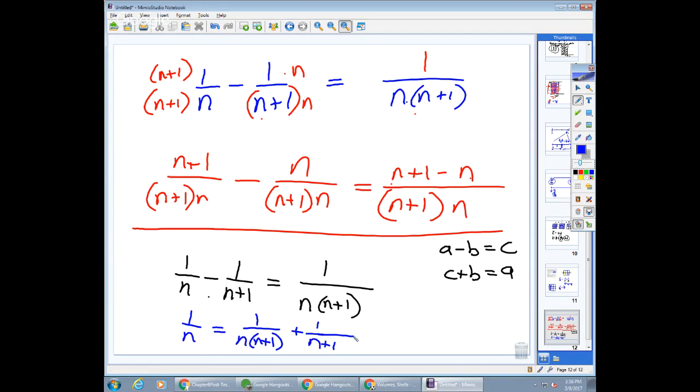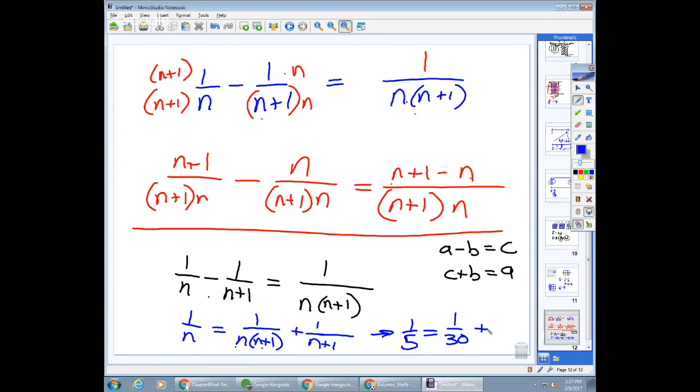So for example, if n was something like 5, then this would say 1/5 is equal to, well, if n is 5, what's n plus 1 have to be? 6, right? 5 plus 1 is 6. So this would be 1 over 5 times 6, or 1/30.